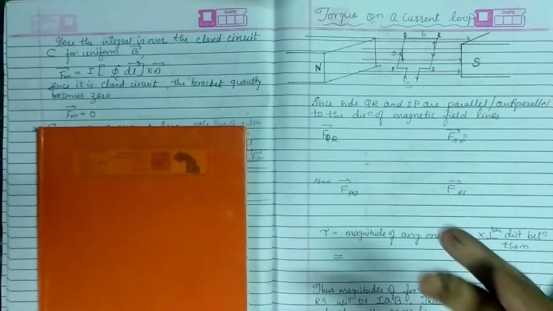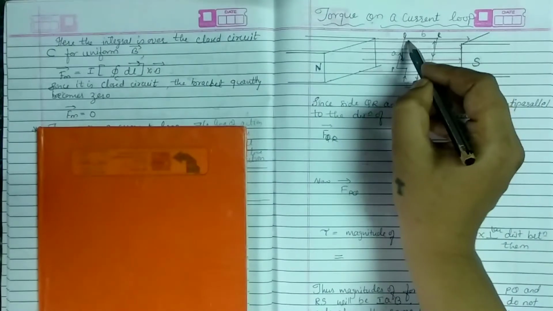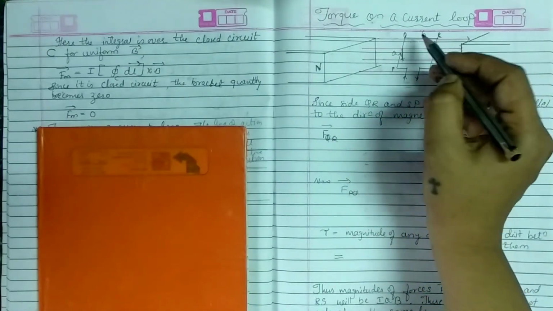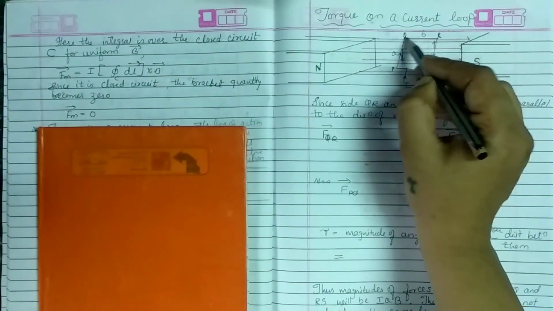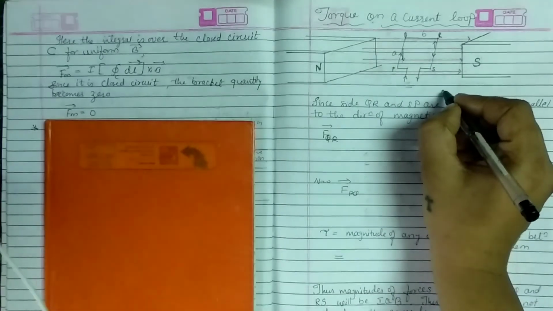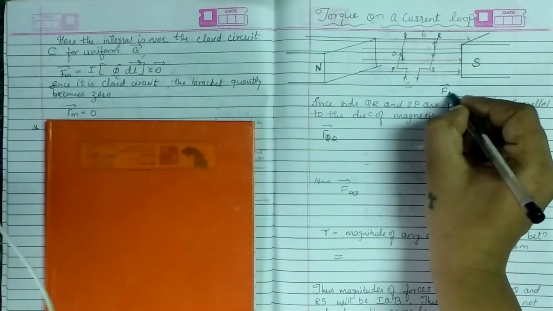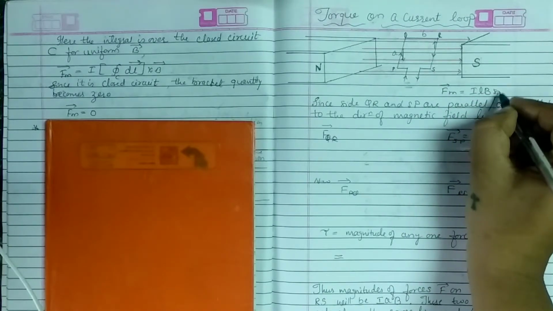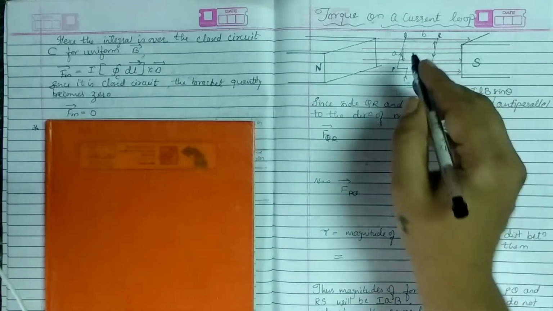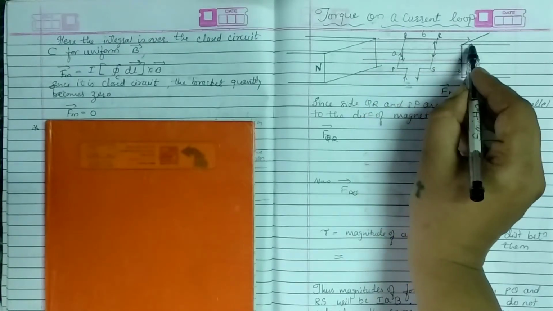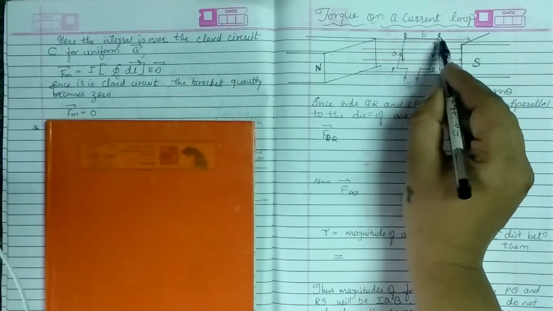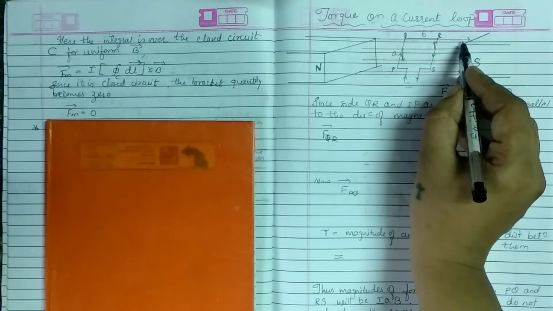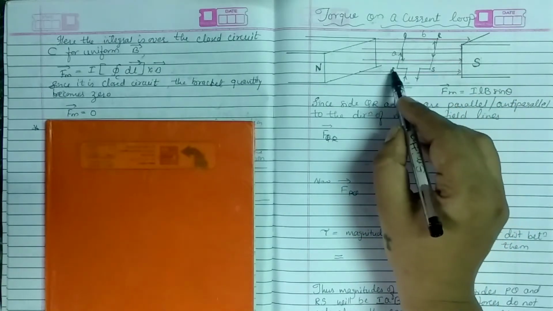If you want to find the force on every side of this loop, for example QR, we already know that the magnetic force is nothing but ILB sine theta. In this case, QR is parallel to the magnetic field, which means the angle between the side QR and the magnetic field is 0. If you consider SP, it will be anti-parallel to this field.